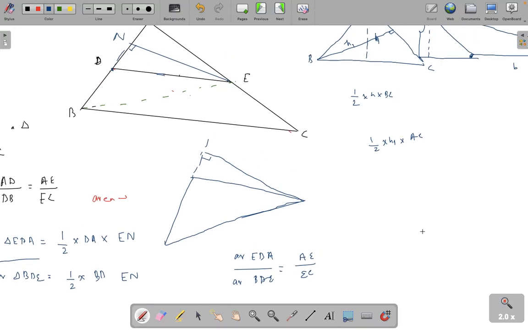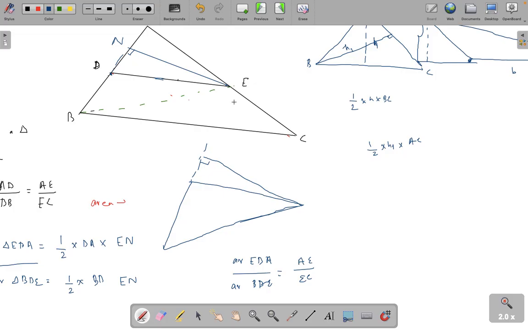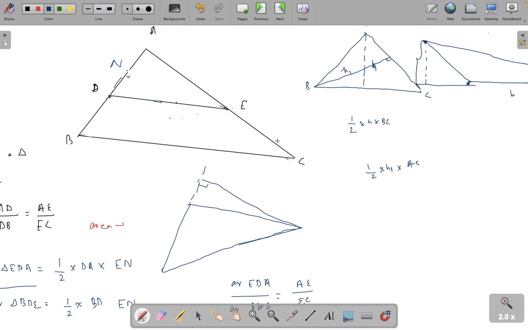Now the second thing. Again, you have to repeat this exercise for the other half. Right, now I'll erase this. Now see, we got these two. We have to get these two as well, AE and EC.